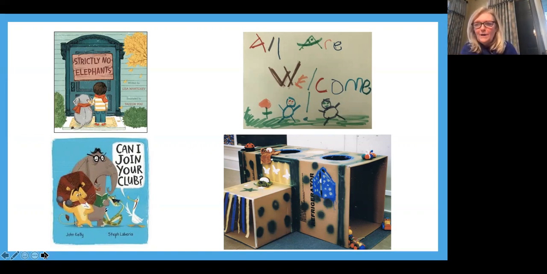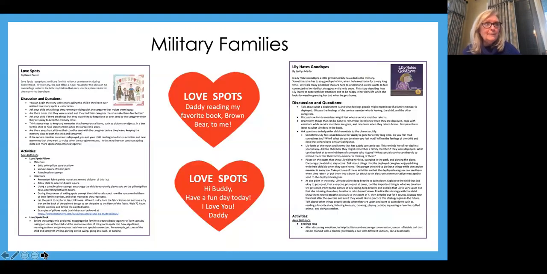And they talked about how they were going to welcome everybody into their club and what they needed to do. So again, taking that book and engaging them in a way that they really wanted to include everybody and had those conversations about how they could do that and the different things they might need to think about to include everybody. So just how important those conversations are.